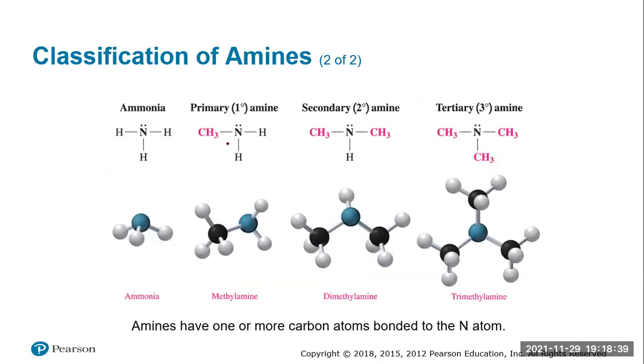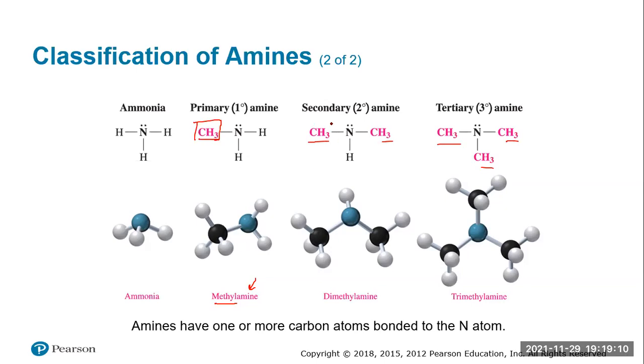And again, here we see ammonia, which is really what they're all based off of. And here is our primary, one carbon attached, secondary, and our tertiary happening here. And you might even get an idea as to how we could go about naming these guys. There is a one carbon group attached to our amine. One carbon group is methyl, and we could just put amine at the end of it. So that would be methylamine.